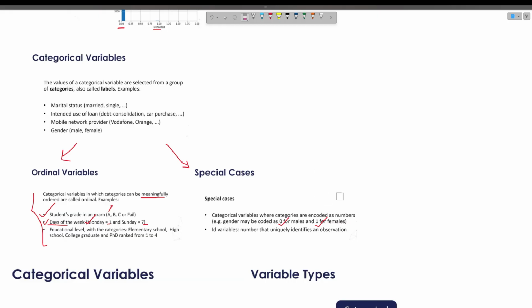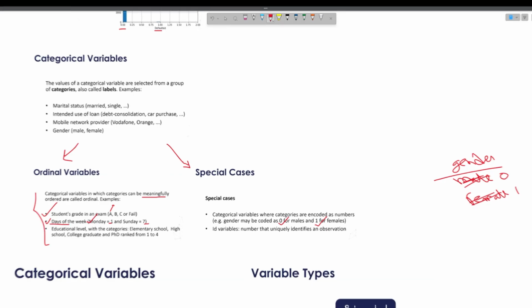If you think of gender as a whole, we can have male or female, right? Sometimes we can encode them to numbers so that we can do the machine learning process, right?